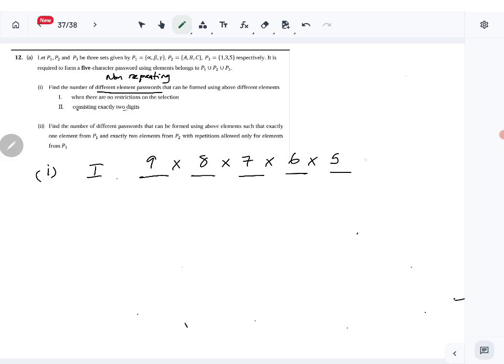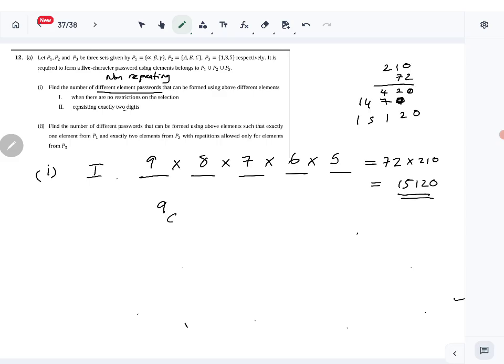So multiply them all together. 72, 30 into 7, 210. So 72 into 210 is 15,120.